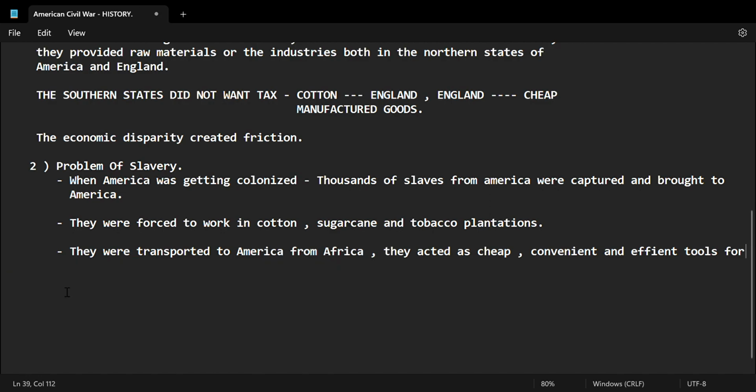Okay, so they acted as cheap and efficient and convenient tools for the development of large growing plantations.